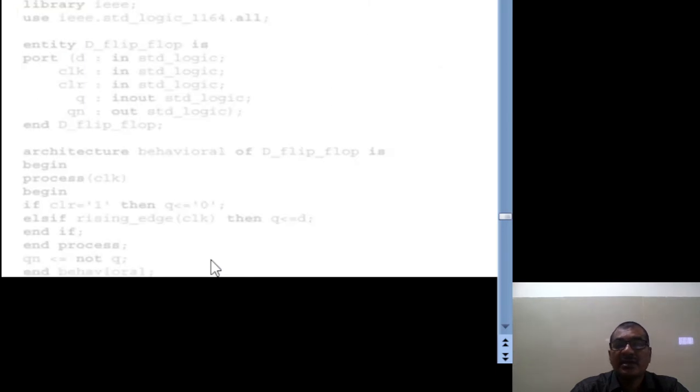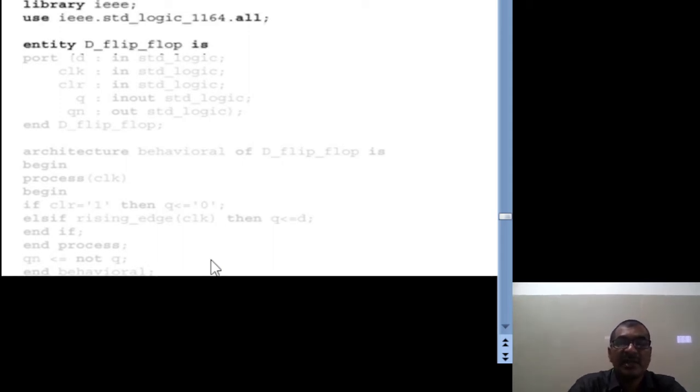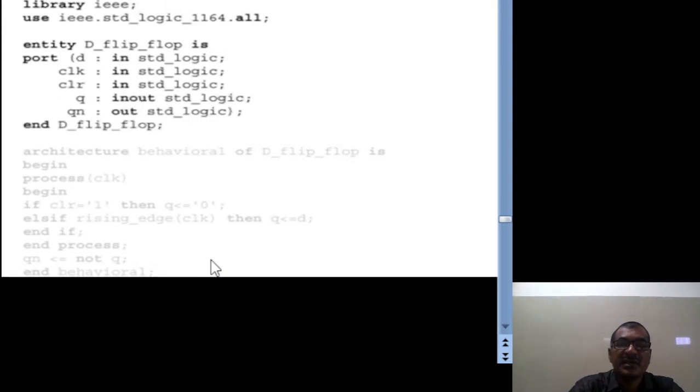Now I am going to present the VHDL program for this D flip-flop. As usual, first you write library IEEE, followed by use IEEE.std_logic_1164.all. Then the entity declaration: entity D flip-flop is, a user defined name.